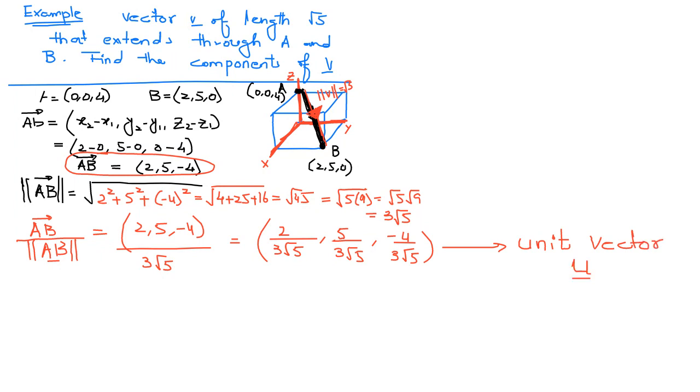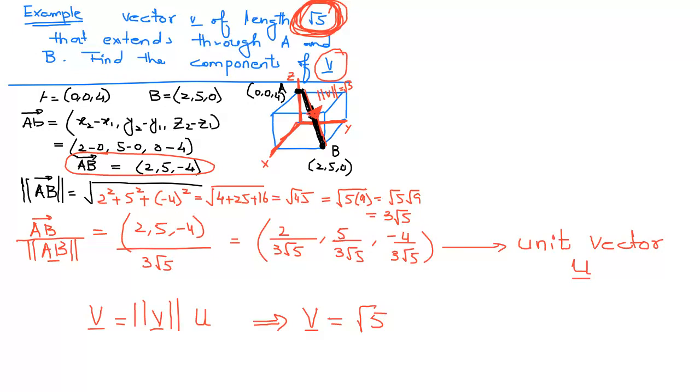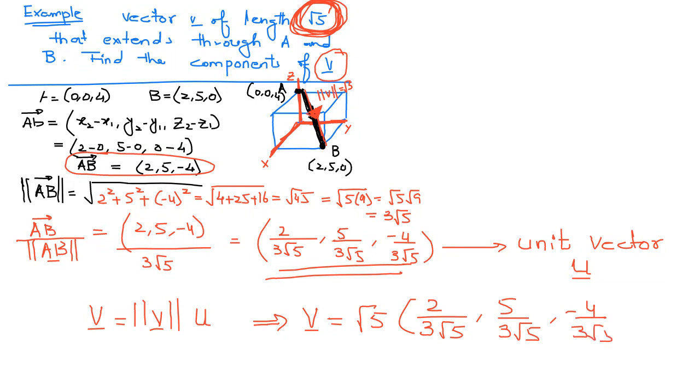And how can we find the components of v? Components of v is equal to mod of v multiplied by the unit vector. So mod of v is given, which is square root of 5. So v vector is equal to square root of 5 times the unit vector, which is 2 divided by 3 square root of 5, 5 divided by 3 square root of 5, minus 4 divided by 3 square root of 5.